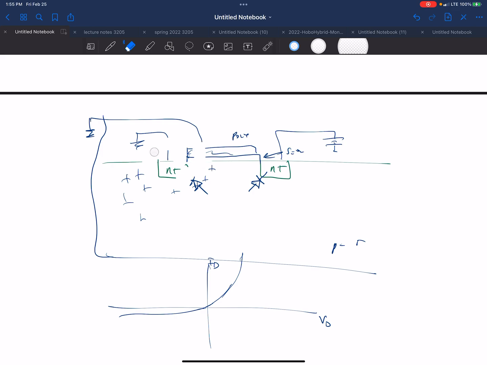So this diode, whoops, this guy is going to be right here. There's no voltage across it, that diode. Okay, so there's no current going this way. There's no current flowing anywhere from this junction into this or any place, right?